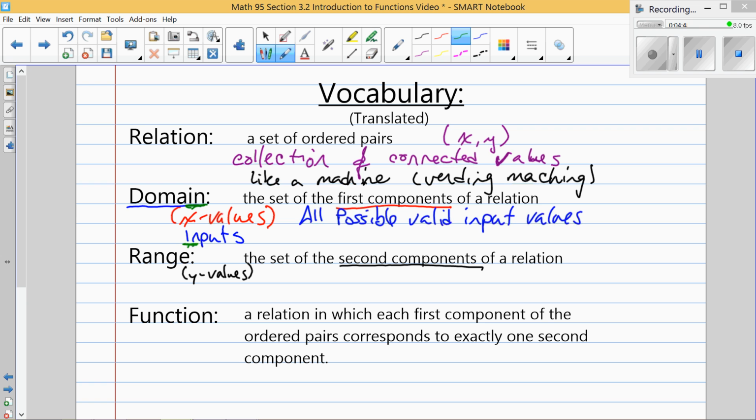So the range is all possible valid output values. These are going to correspond with the inputs.